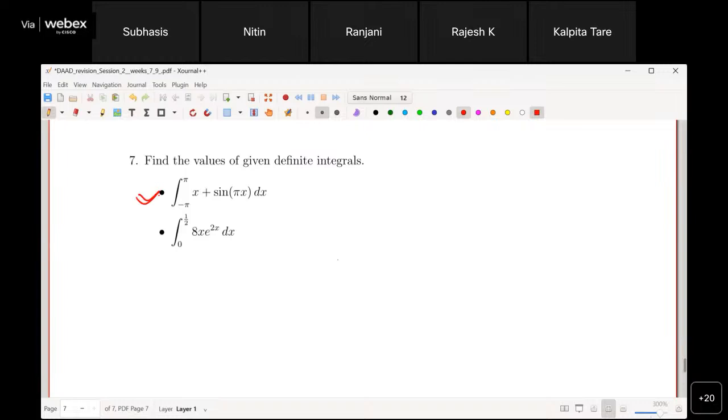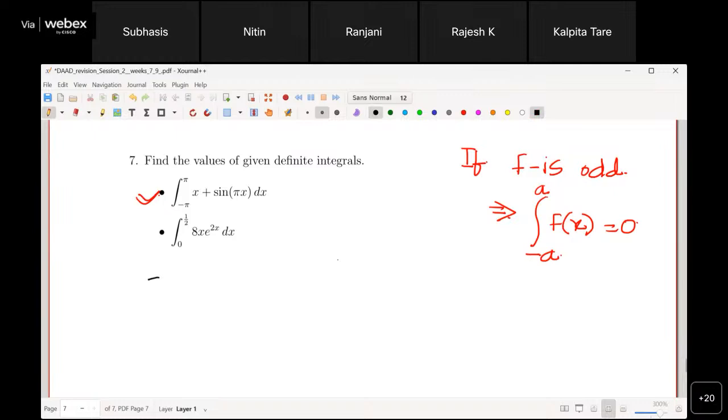Correct. You know, if f is odd, that means the integral from minus a to a of f of x is 0, right? So for that, I need to check whether this is an odd function or not. Can you tell me how should I check whether a function is odd or not?